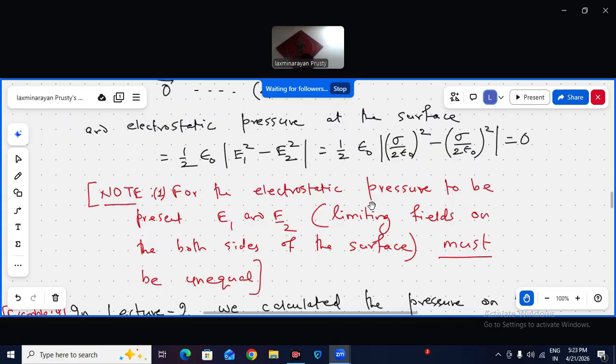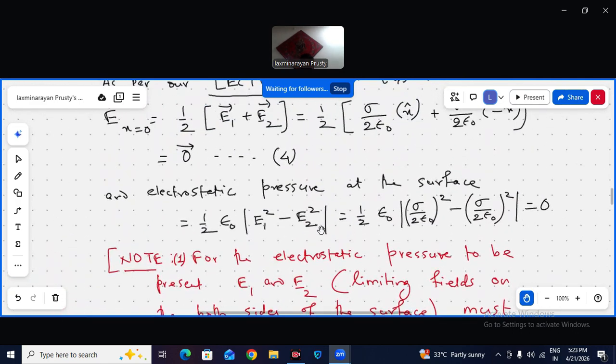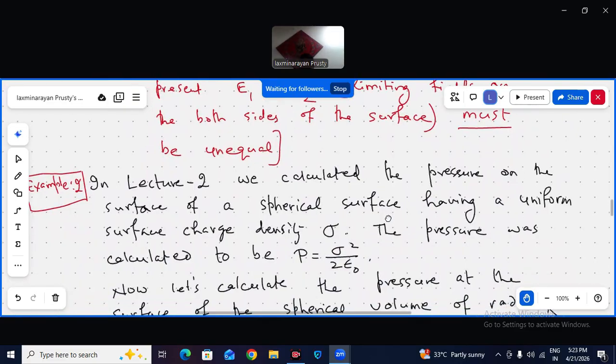That means for electrostatic pressure to be present, the limiting fields E1 and E2 on both sides must have unequal magnitudes. If the magnitudes are the same, there is not going to be electrostatic pressure as per this relationship.